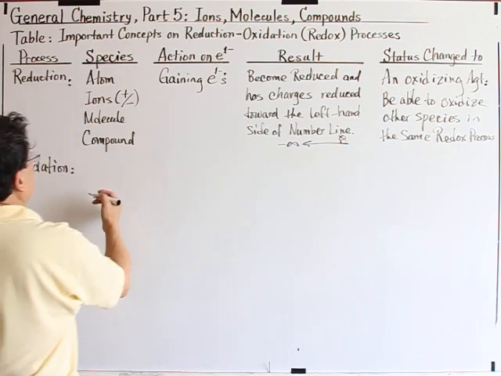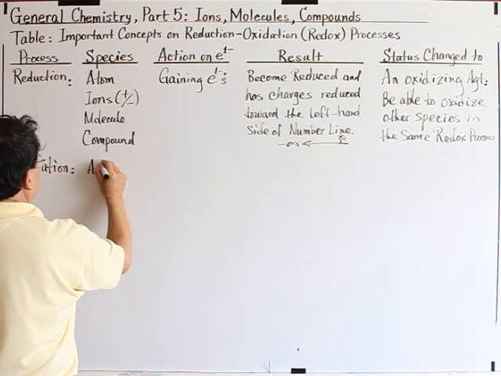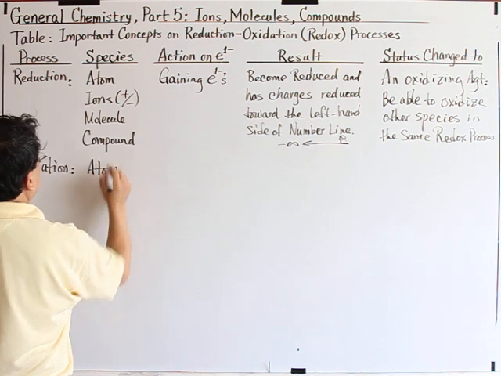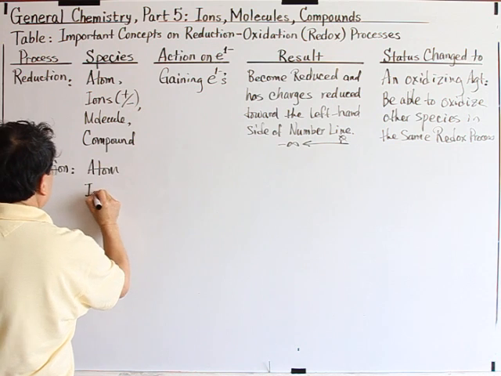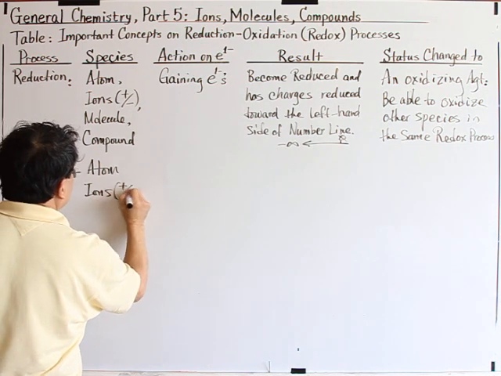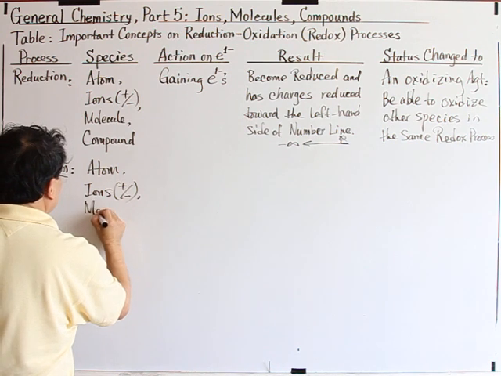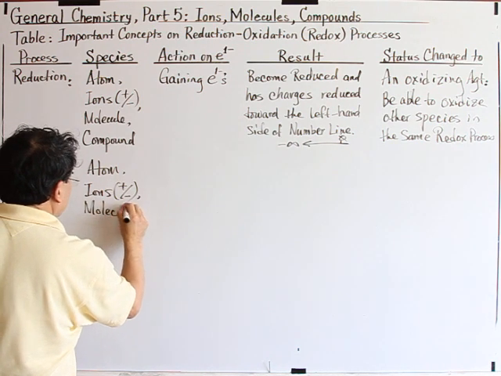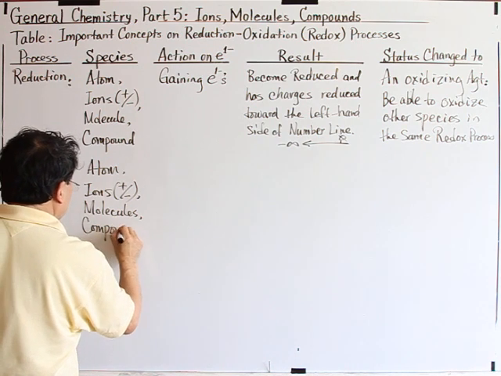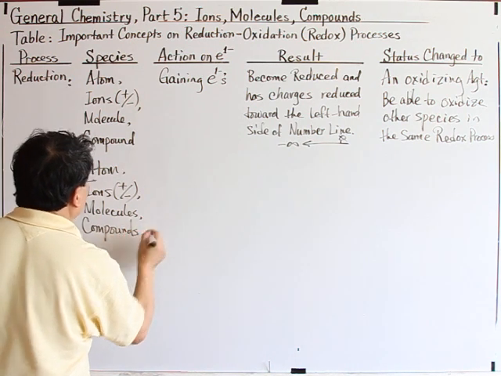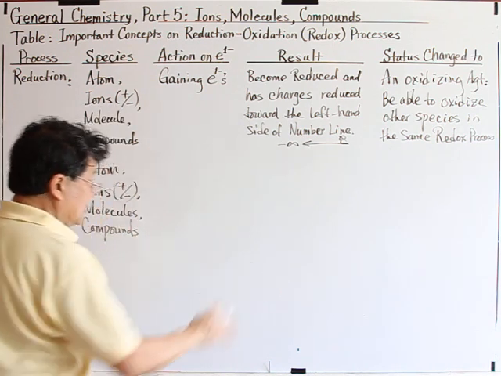The same species will be able to do this process: atom, ion, molecule, right? Iron, possible, and then cation, molecule, and the compounds. We'll have some examples right here.